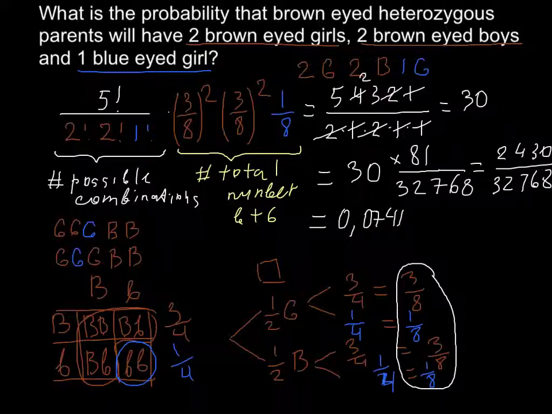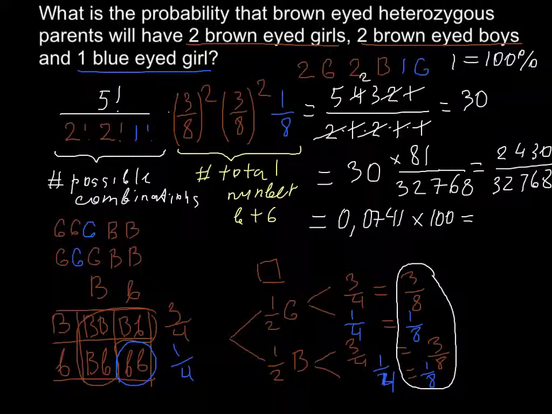And our final answer would be that the probability is 0.0741, and as you see, if you need to get the answer as a percentage, we have to multiply this number by 100, because 1 here equals 100%. So when we multiply by 100, it's very easy, we just have to move the decimal point two decimal places to the right.